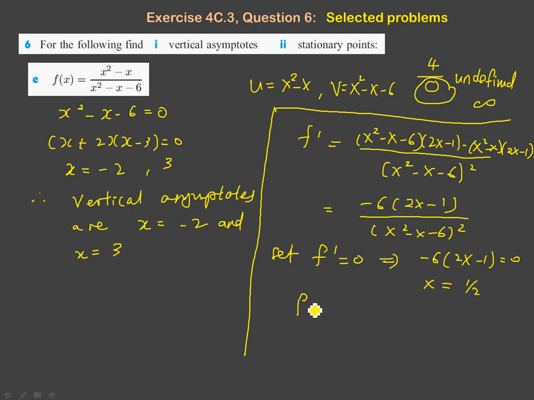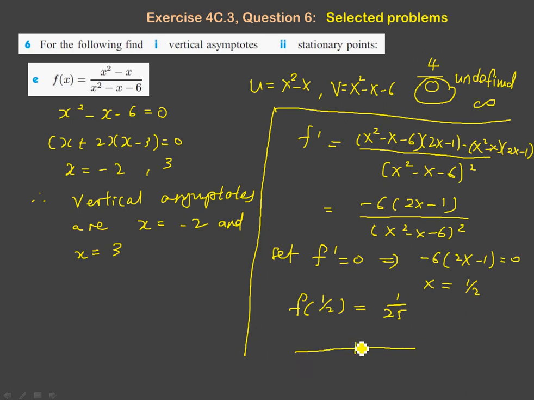So here we have a stationary point. Calculate the corresponding y, which is 1 over 25. You know how to do this, right? You substitute this x value back into the function, and you get 1 over 25.